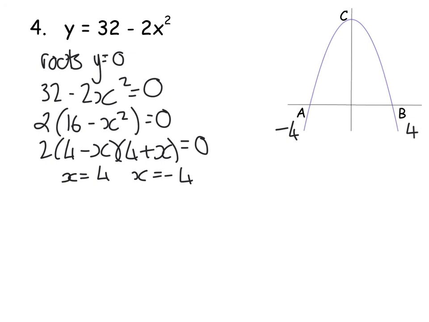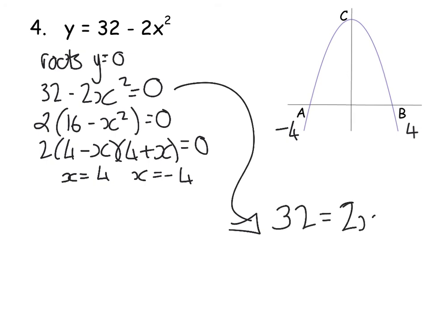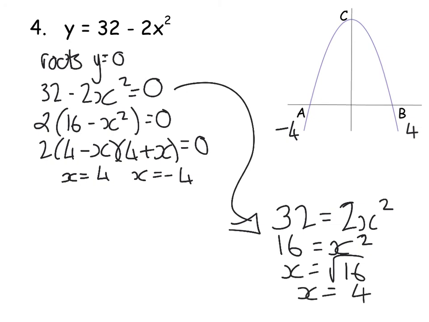Now, I did say there was another way to go. So some people might prefer just from here to say, right, well, that's 32 equals 2x squared. Divide by 2 gives you 16 equals x squared. So x is the square root of 16. So x equals 4. But square root of 16 only gives you one answer.